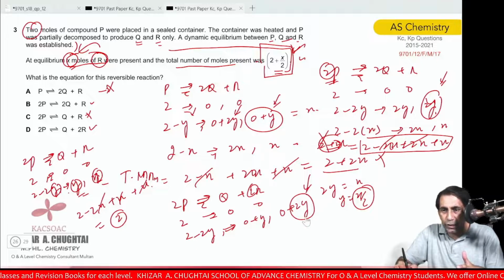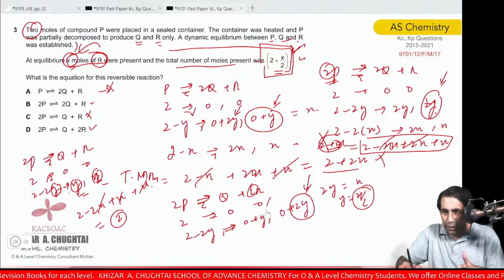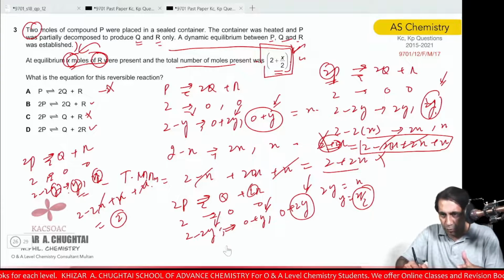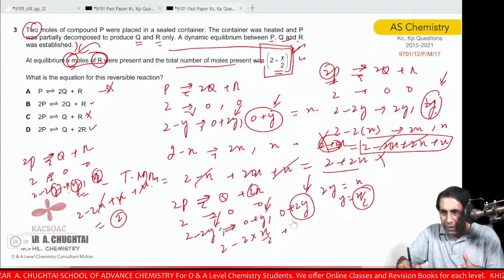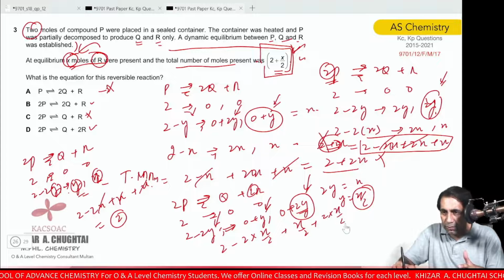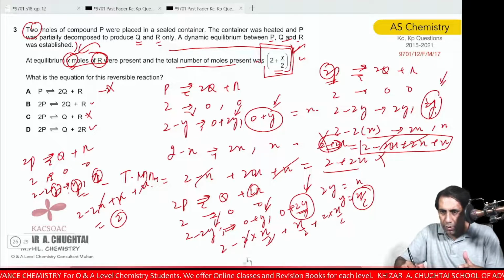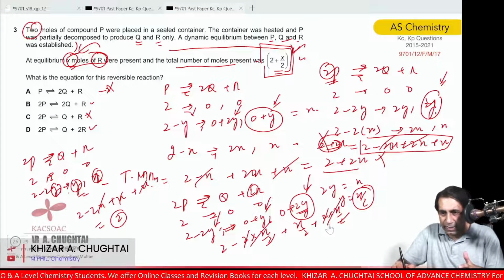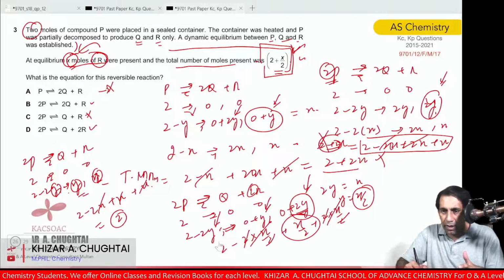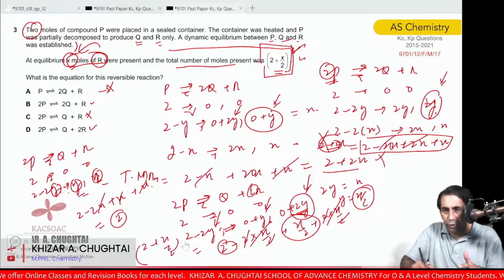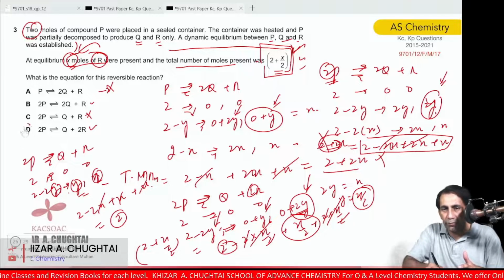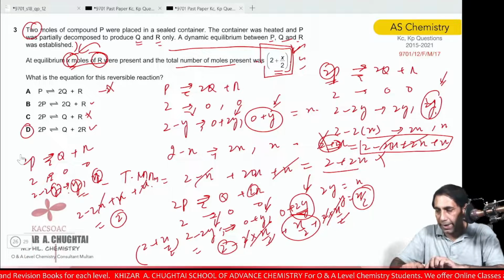So put y equal to x by 2: 2 minus 2 into x by 2 plus x by 2 and 2 into x by 2. So there will be cancellation. Minus x and plus x will cancel out. Remaining moles will be equal to 2 plus x by 2. That is the required one. So it is confirmed that D is the correct option.